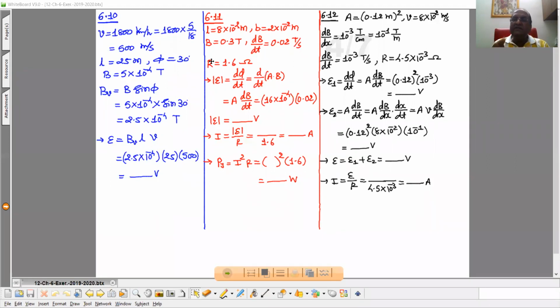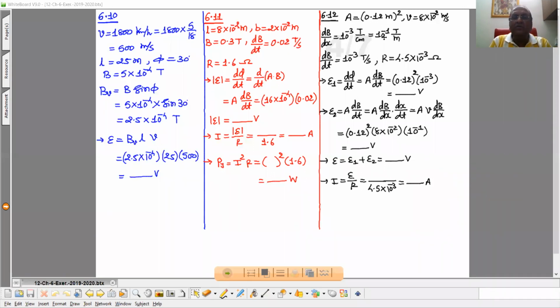So due to change in field with respect to time, what is the EMF induced in it? That also we have to calculate. And then after, the net EMF induced, we can write E1 plus E2. So independently we have to calculate the EMF induced due to rate of change of field with respect to position and time, and then after we have to take the summation of these two. Clear? So this one is the concept.